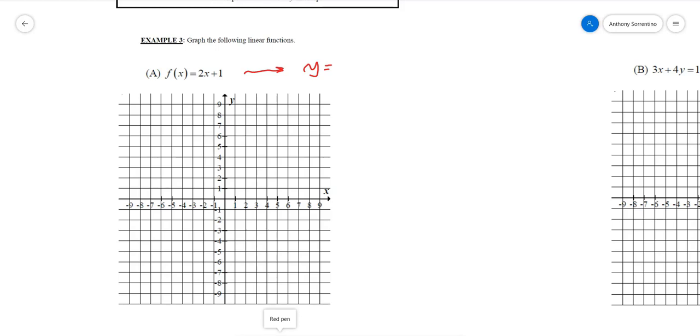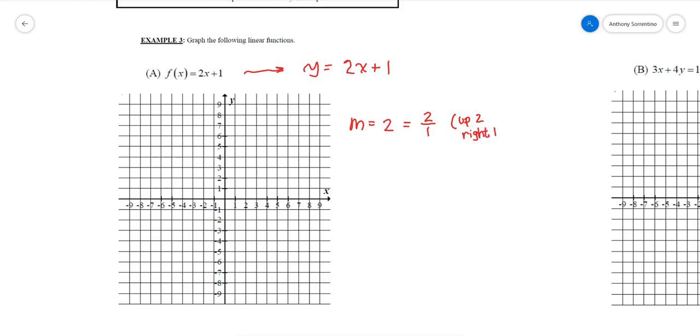Remember, y is the same thing as f of x. y equals 2x plus 1. Same thing. That means that the slope is 2. And it's often better to think of it as a fraction. It's 2 over 1, which means we go up 2, right 1.